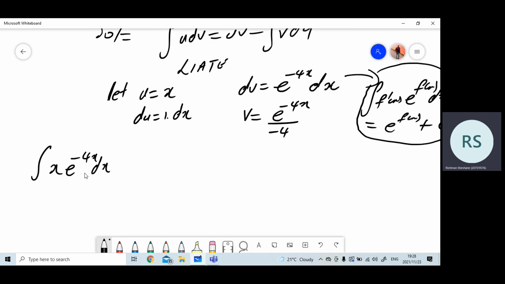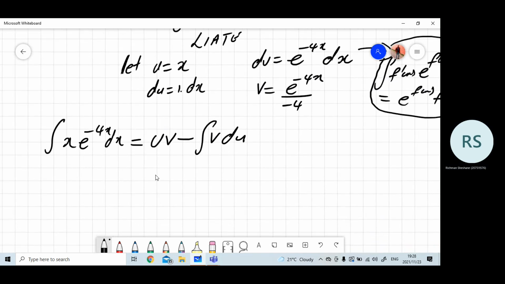So now it's follow integration by parts: uv minus integral of v du. Okay. So the next step is just substitute everything into your formula.